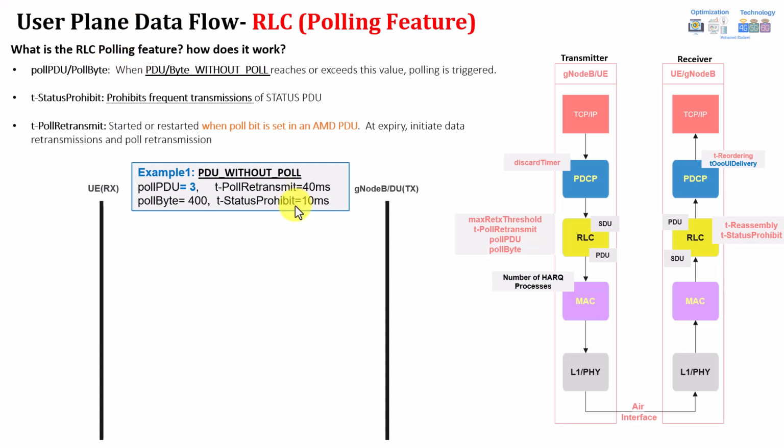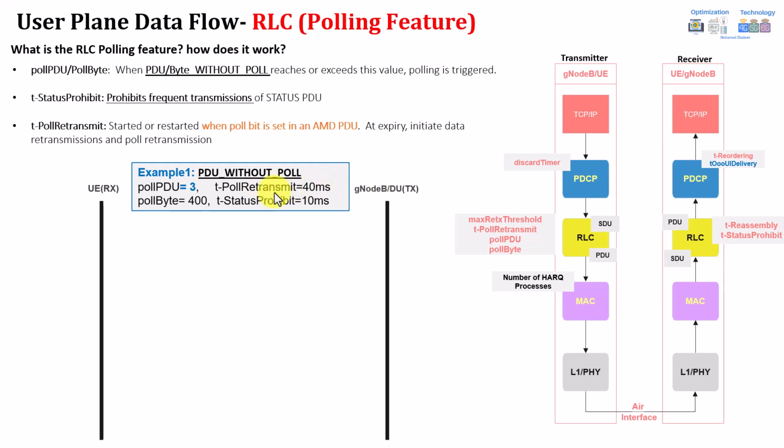Okay, so in this example, assume that poll PDU is equal to 3. Poll PDU means the total number of RLC PDUs that can be transmitted within a poll. So once this number is reached, at packet number 3, 1, 2, 3, the transmitter will request the receiver to send the feedback.